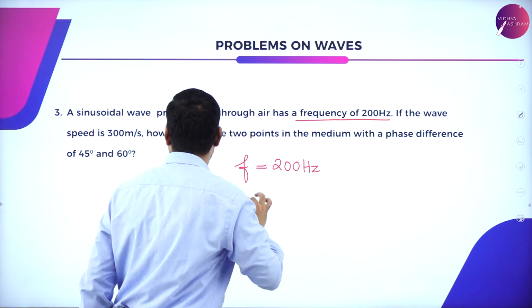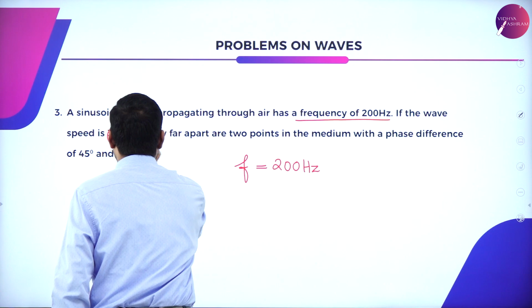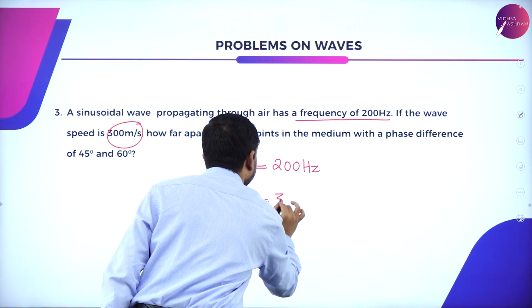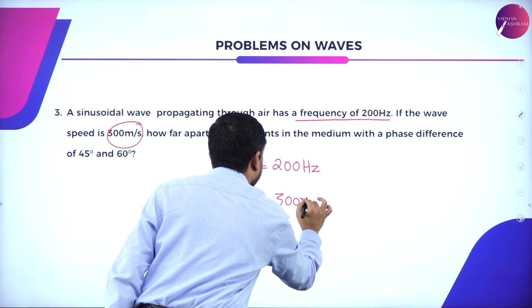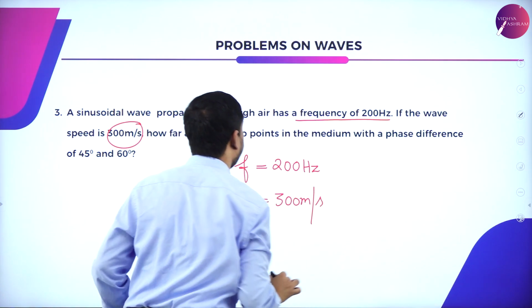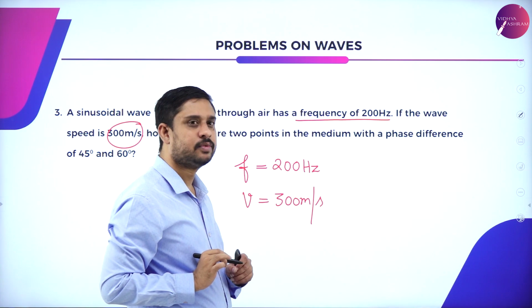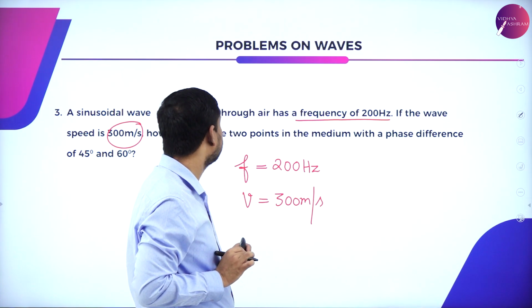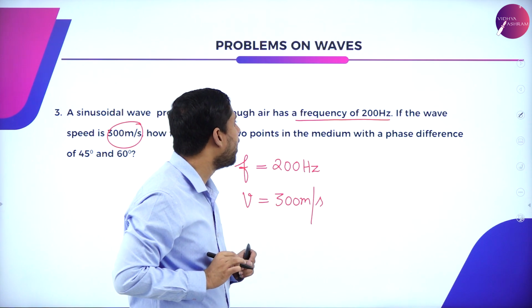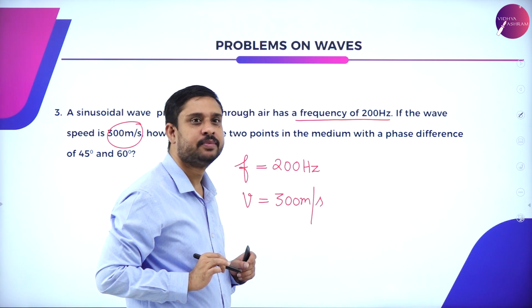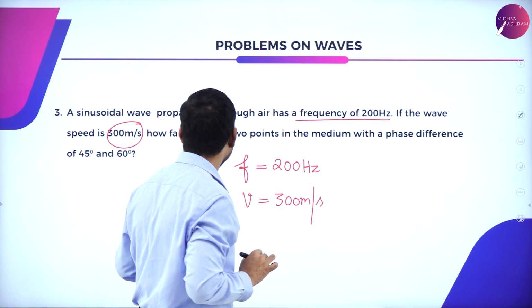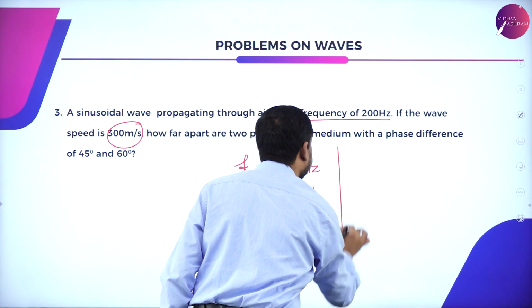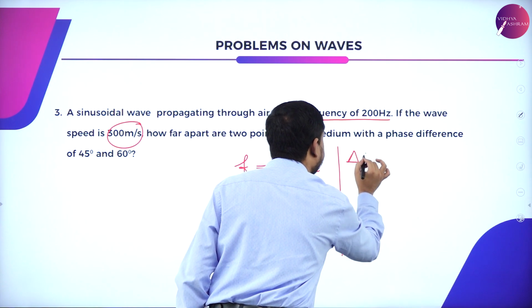If the wave speed is 300 meter per second, how far apart are the 2 points in the medium with the phase difference 45 degrees and 60 degrees?